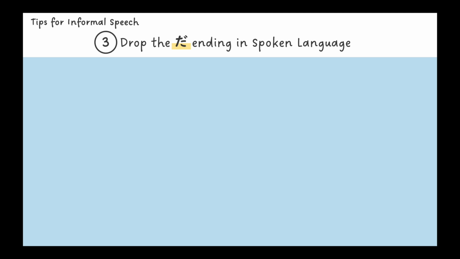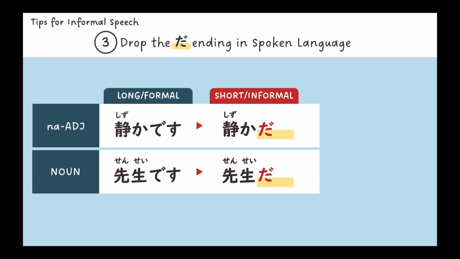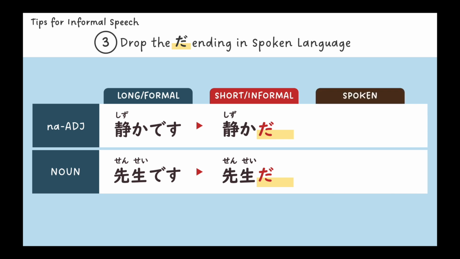The third tip is to drop the da ending in spoken language. We learned that the short form of na adjectives and nouns can be formed by replacing です with da. However, in the spoken language, we usually drop the da ending after na adjectives and nouns.